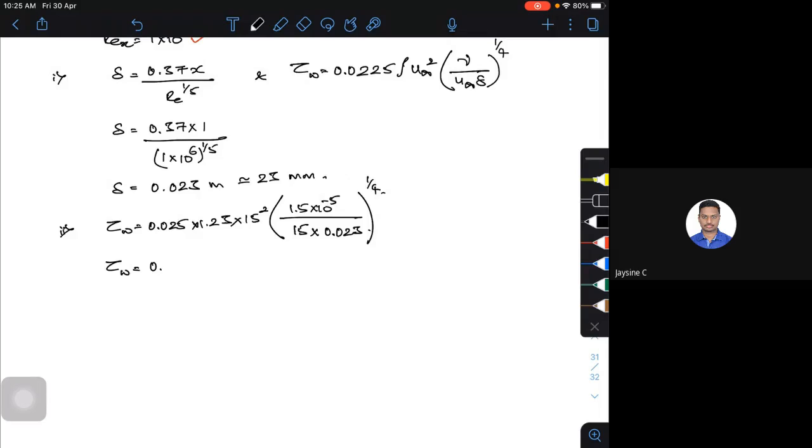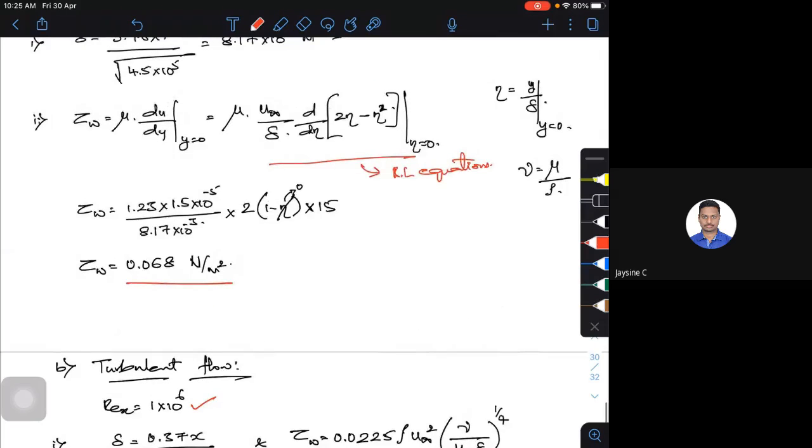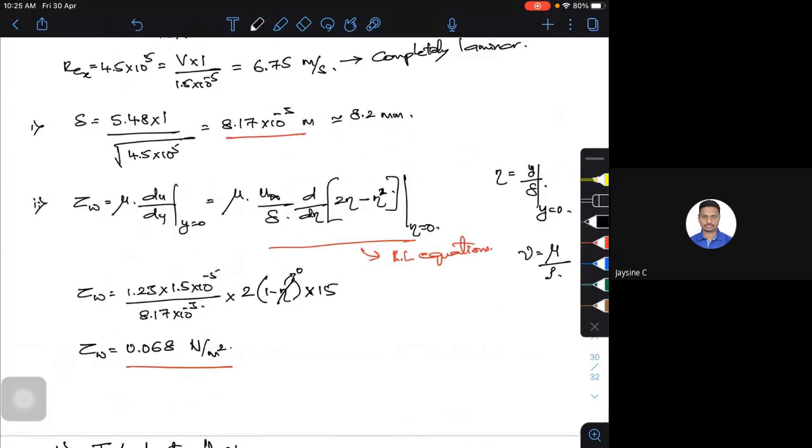Yes, sir. 0.561. We'll round up to 2 decimals: 0.56 Newton per meter square. So this is the value of delta and the wall shear stress, for a laminar flow, and this is for a turbulent flow. This is how you can calculate it.